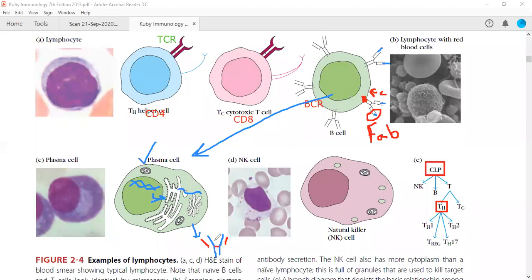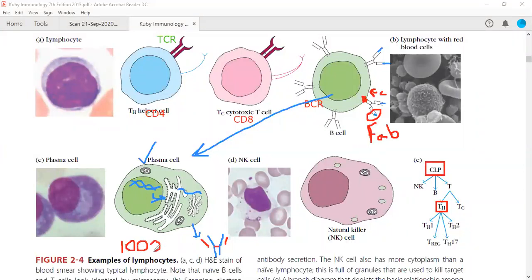Finally, they are secreted. So what is the difference between a B cell and a plasma cell? B cells are called naive cells. Naive cells means they cannot secrete antibodies. The antibodies are bound to their surfaces. But if they differentiate into a plasma cell, they will start secreting the antibody molecules at a pace around 1,000 antibodies per second. So this is huge number, right?